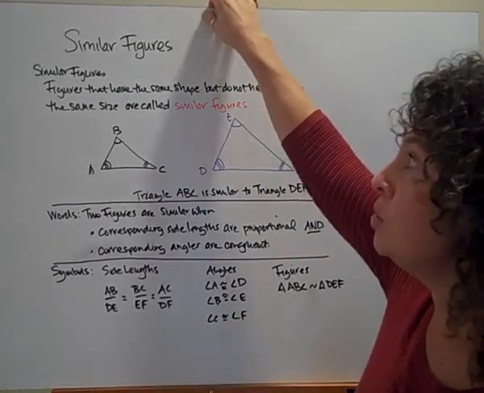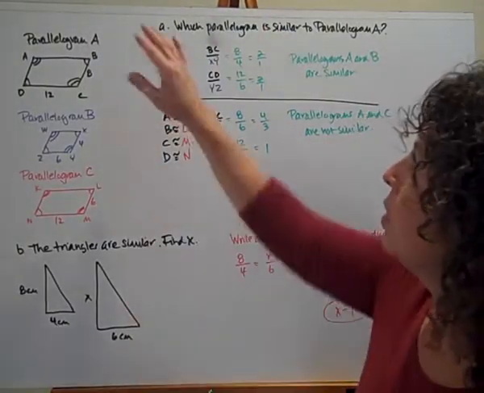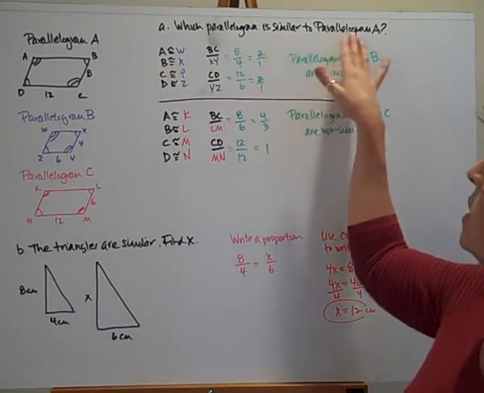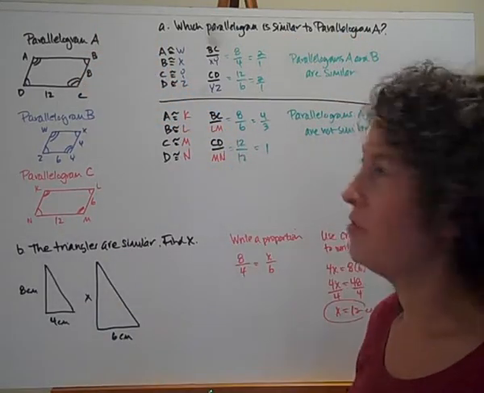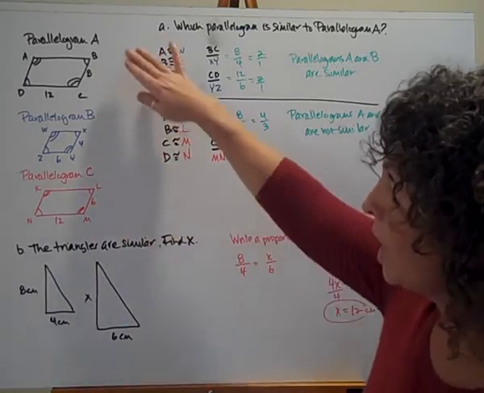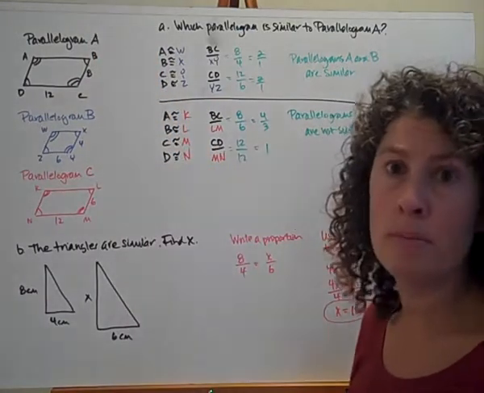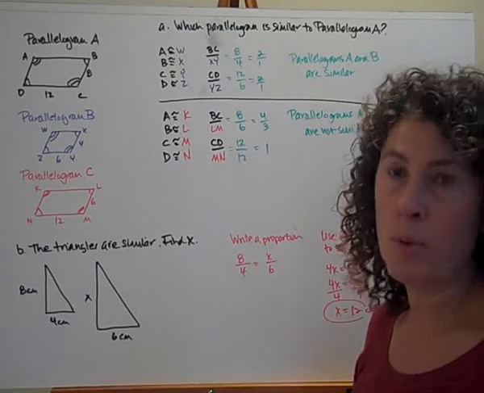Okay? All right, let's use our similar figures to find some missing pieces. Which parallelogram is similar to parallelogram A? You should have these 3 pictures in front of you: parallelogram A, B, and C. I've labeled my vertices to help me look at the corresponding sides.